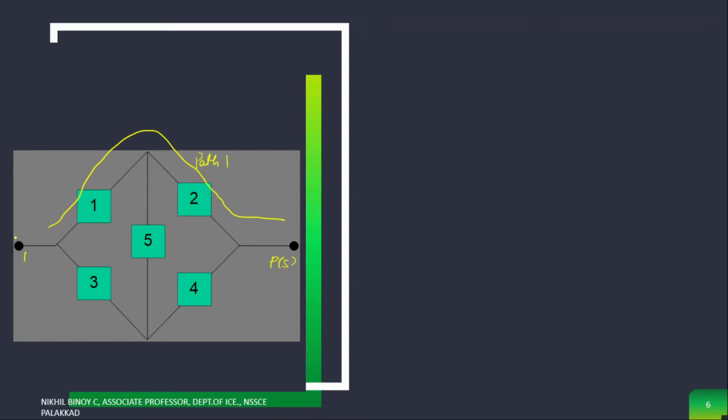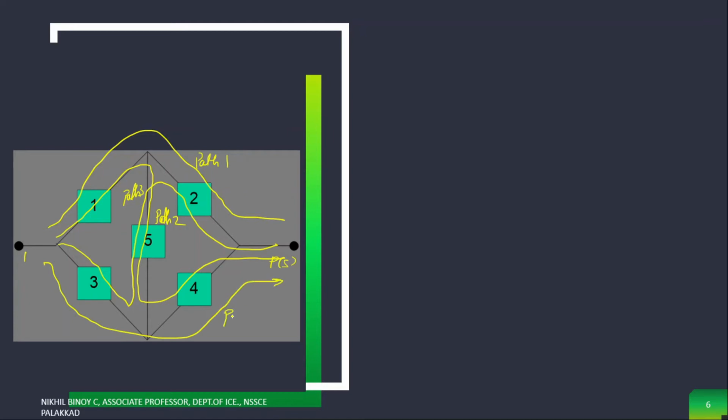Draw paths from 1 to P of S. So this P of S will survive if path 1 survives, or path 2 survives, so this is path 2, or path 3 survives, so this is path 3, or path 4 survives, so this is path 4. So we have 4 paths.